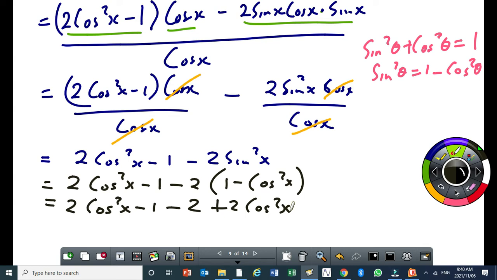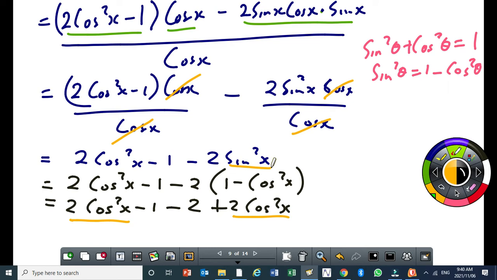I'm sure you can see that these two are like terms. I replace this sine squared x by 1 minus cos squared x from grade 11. So negative 2 times positive 1 will be negative 2. Negative 2 times negative cos squared x will be a positive 2 cos squared x.